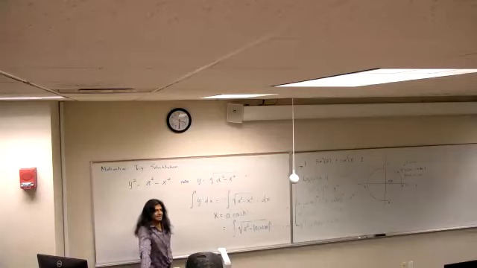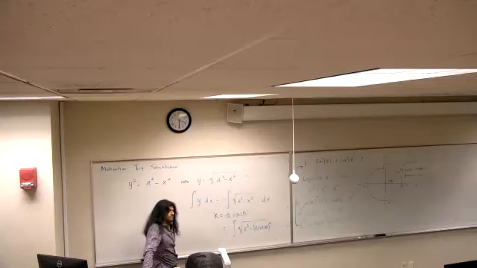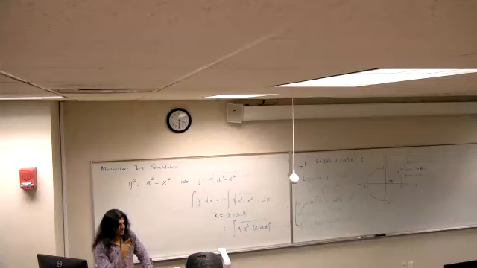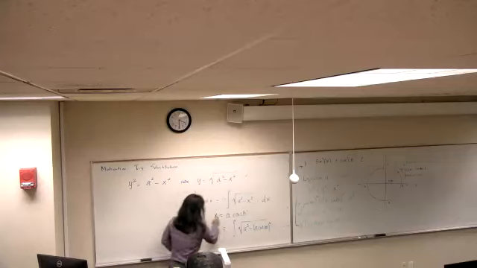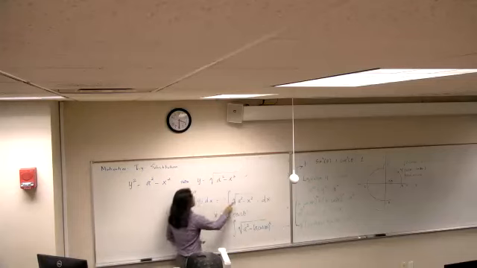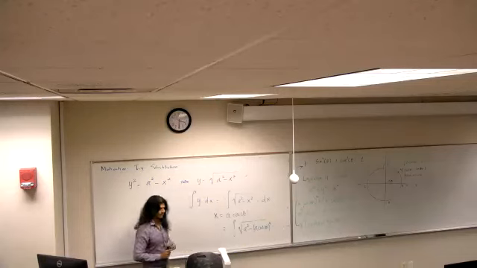What about dx? That's easy. If x is a cosine theta, what is dx? You've got to find the derivative of x with respect to theta, correct? x is a function of the angle.